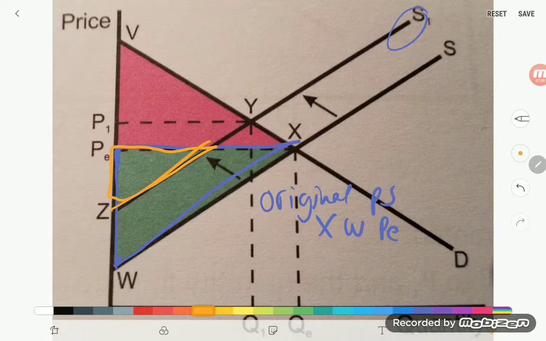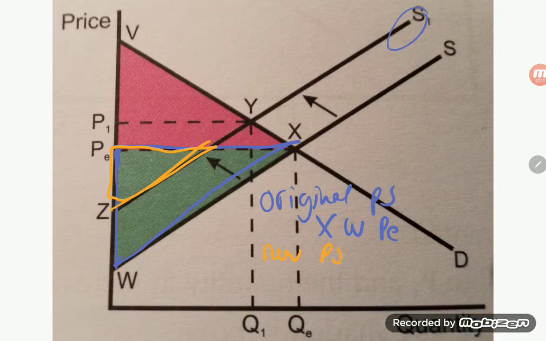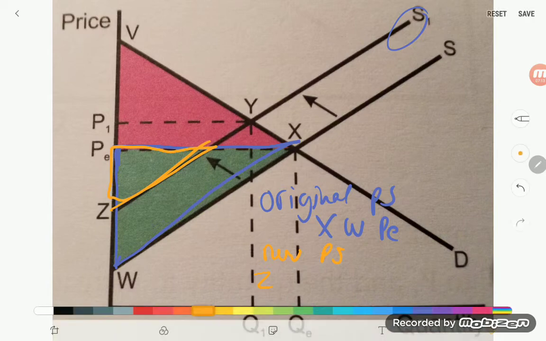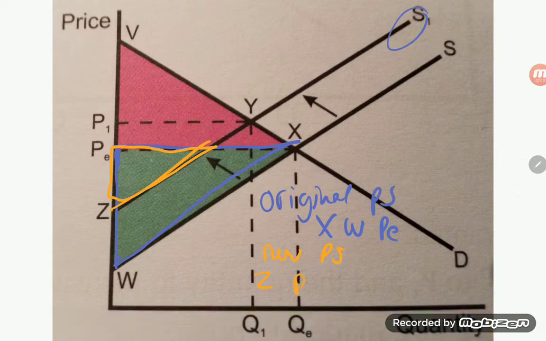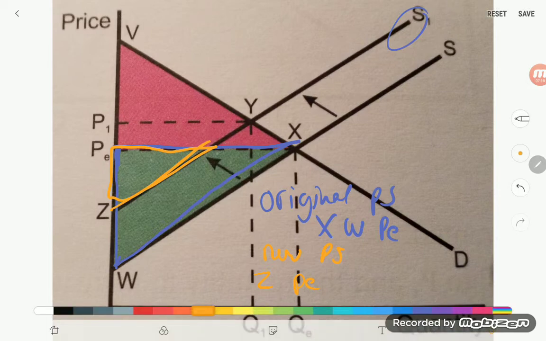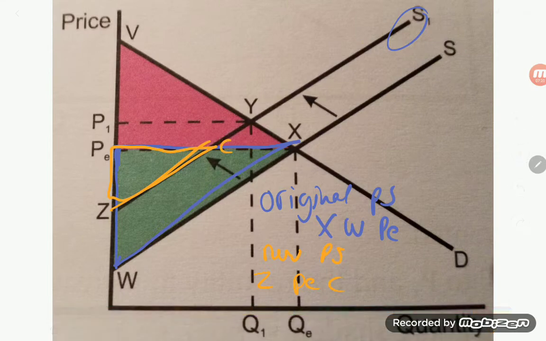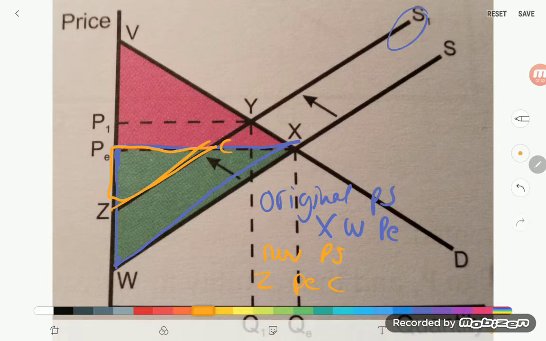It was Z, PE, and we'll just put a letter in here to finish, let's call that C, ZPC.